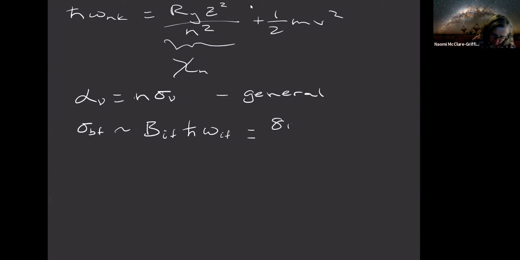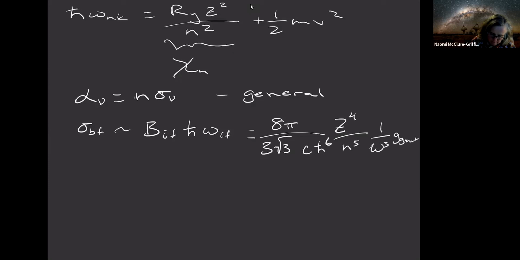And this can be written instead as 8 pi times 3 root 3 c h bar to the 6th z to the 4th power over n to the 5th, 1 over omega cubed times g gaunt. And this is the photoionization cross section.